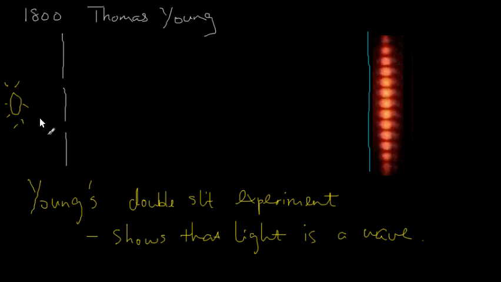So for a start, an important condition is that each of the gaps here must have a width that is comparable to the wavelength of light. So comparable, we can think of that to mean a few wavelengths, and that's quite narrow.